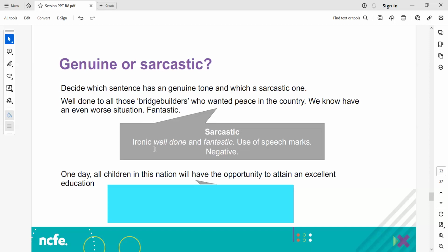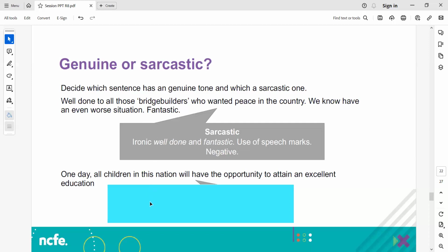Okay. So that means if this sentence was sarcastic, this one is genuine. What tells us it's genuine? "One day, all children in this nation will have the opportunity to attain an excellent education." It gives hope.